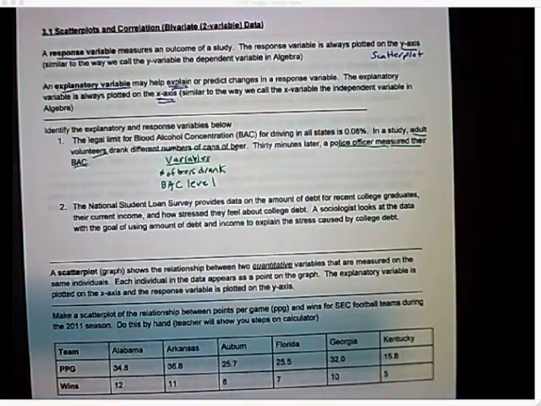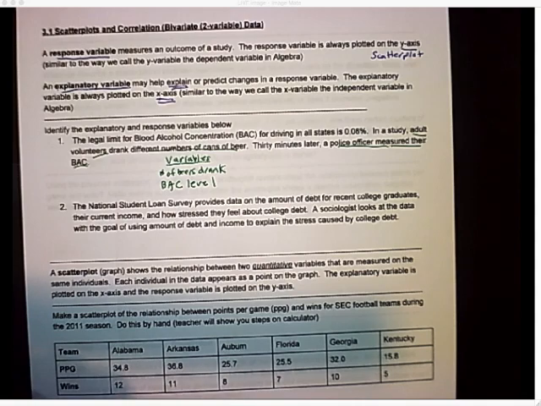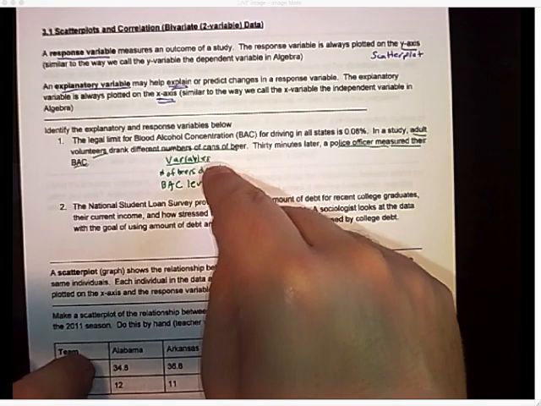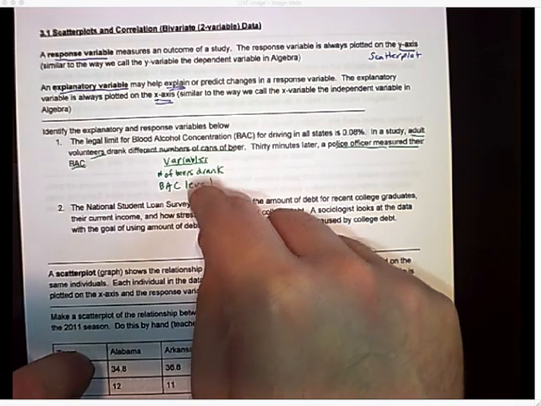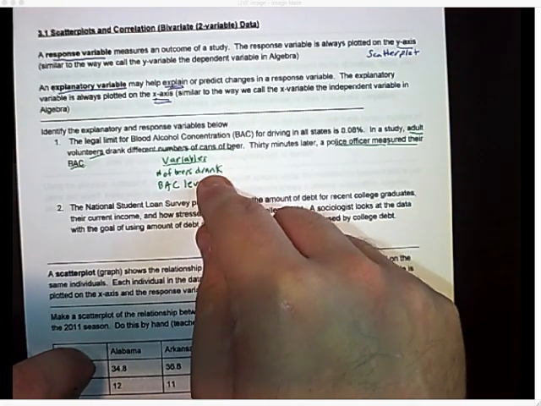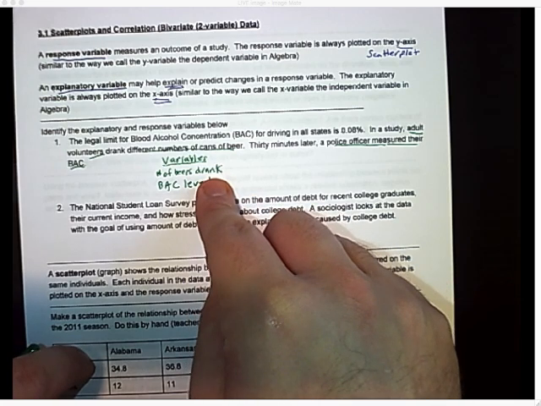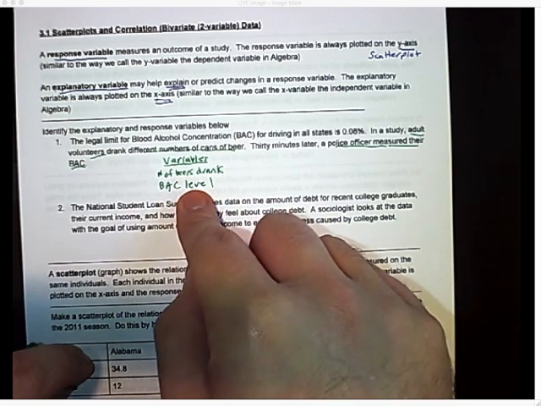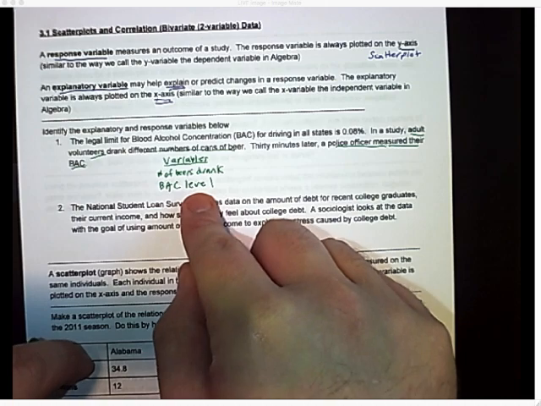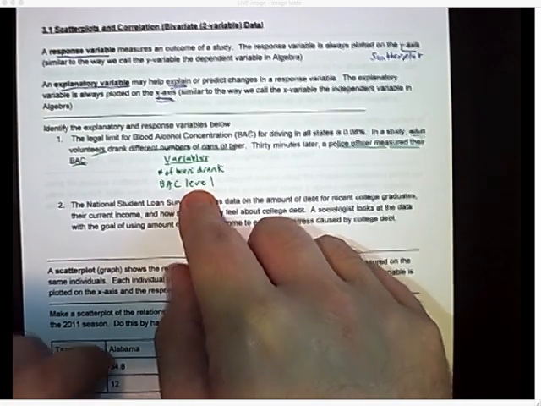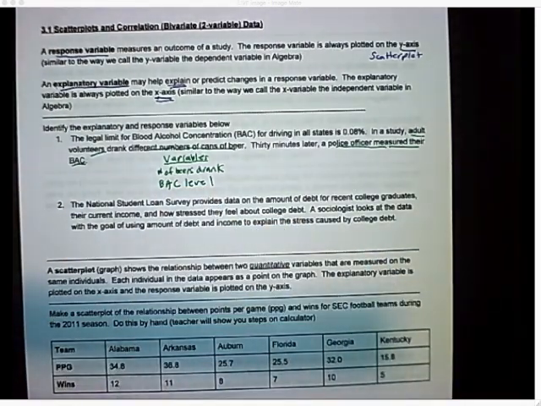Now we have to identify which one of these is the explanatory variable and which is the response. Notice both of these are quantitative variables. They're both numbers. I can drink 0, 1, 2, 3, 4, 5, 100 beers, hopefully not. And then a police officer can measure my BAC. I can blow into a breathalyzer and that can be measured and it'll be a number. So they're both quantitative variables.